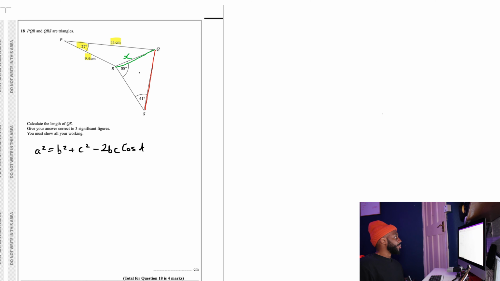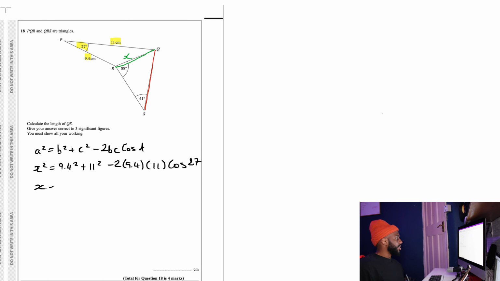So a is going to be the length opposite the angle. So that's x in this case. We sub the other ones in, 9.4 squared. It doesn't matter which one's b and which one's c. 9.4 cos, and that angle is 27. Then we're going to rearrange.